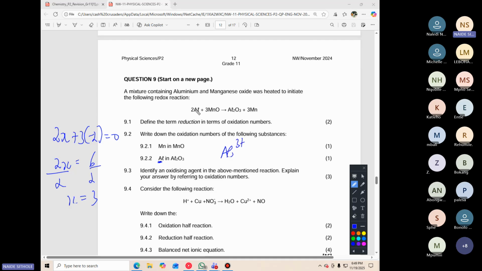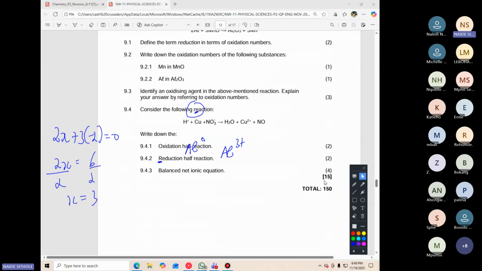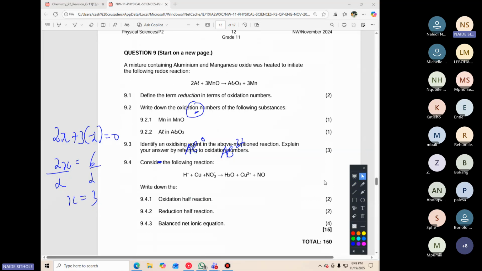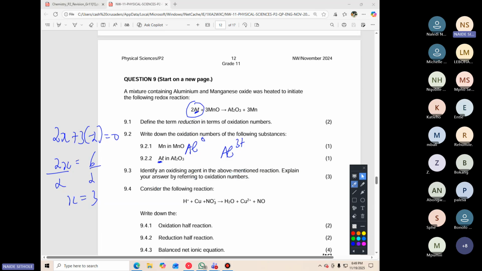But then aluminum on this side was just 0 because it's a stable substance there. Now from 0 to 3+, we can see that that one is undergoing what? It's undergoing oxidation. So if it's undergoing oxidation, this is the reducing agent. So it can't be that one.